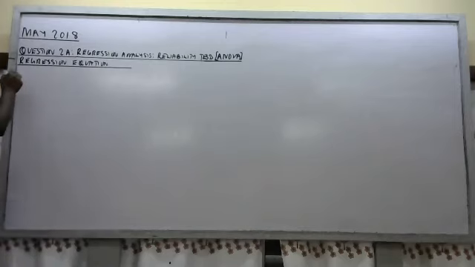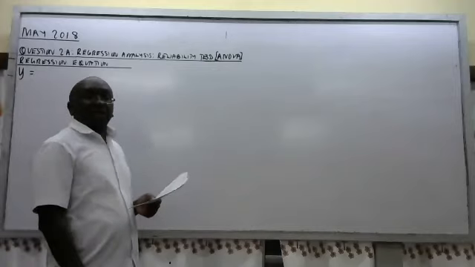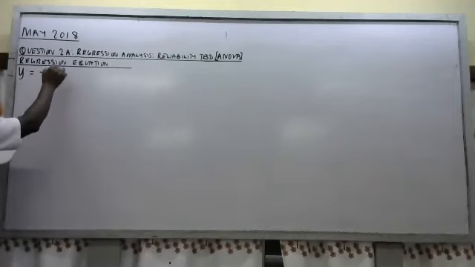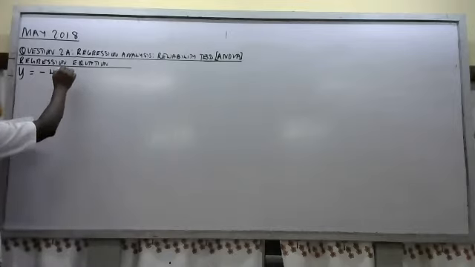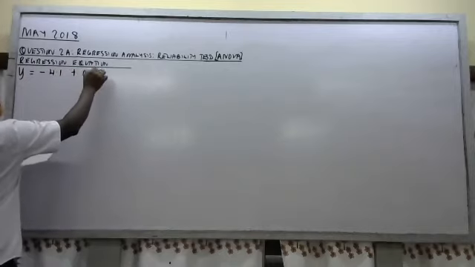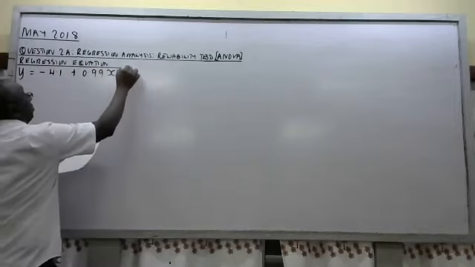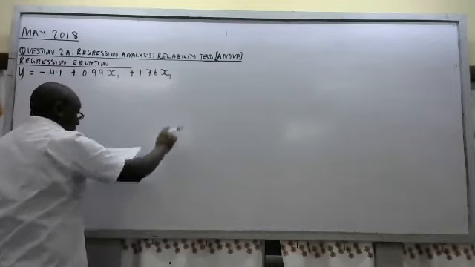So it will be y. Now look at the table, the last table that is written, coefficients. We will have minus 4.1 when you use 2 decimals, plus 0.99 x1 plus 1.76 x2.